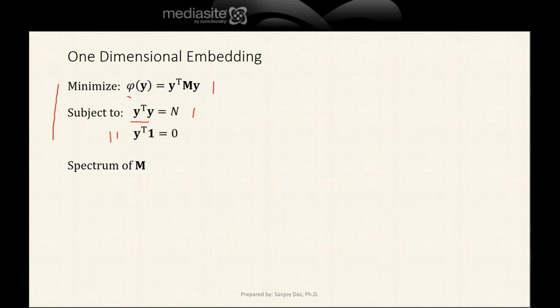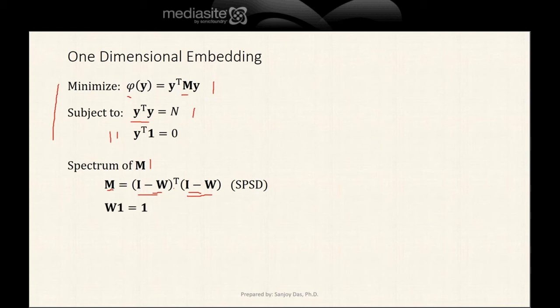Now let's have a look at the spectrum of M. Since M is I minus W transpose I minus W, so it's some matrix transposed times that matrix, it is obviously symmetric, positive semi-definite.